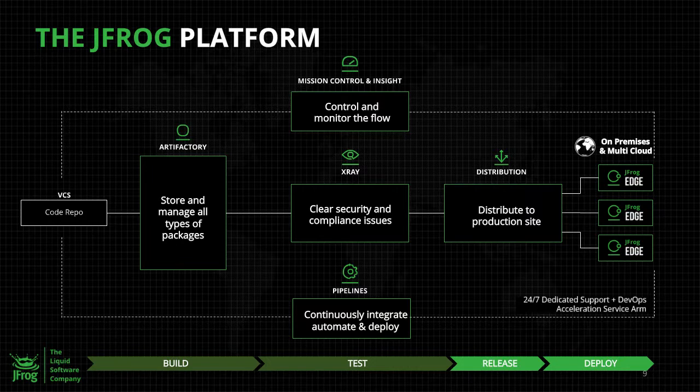At the bottom of the diagram, you can see JFrog Pipelines. This is the last kid from JFrog. It came from the acquisition of Shippable. And it's a declarative CI/CD tool that allows you to automate the entire toolchain from code repository to the runtime.